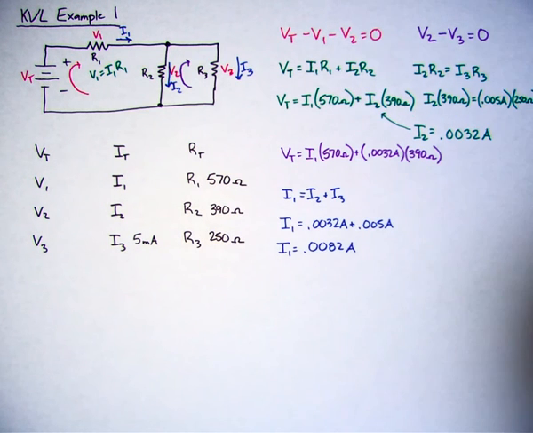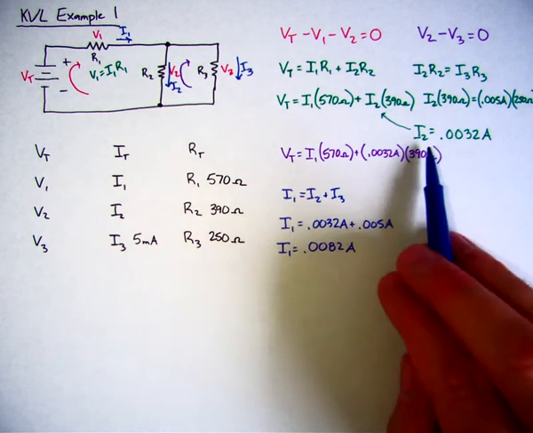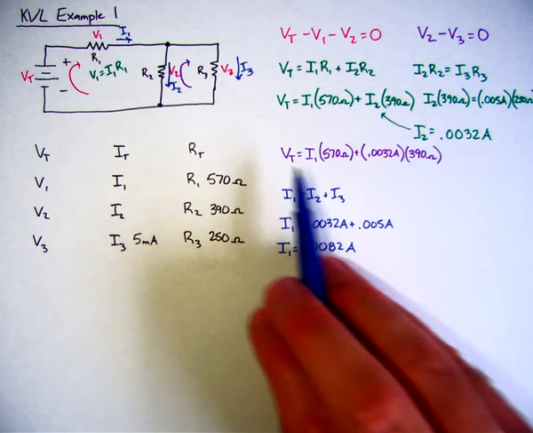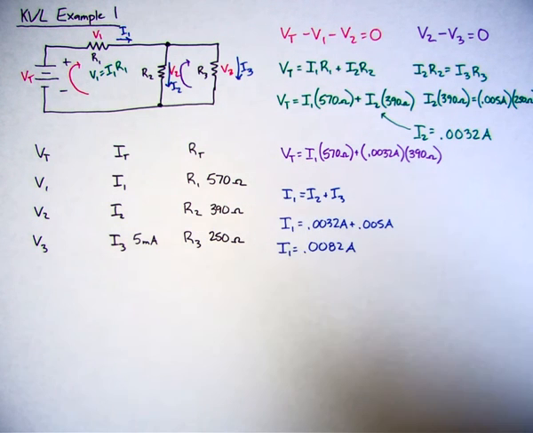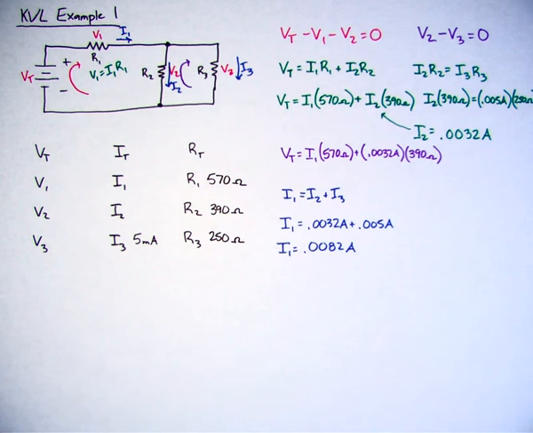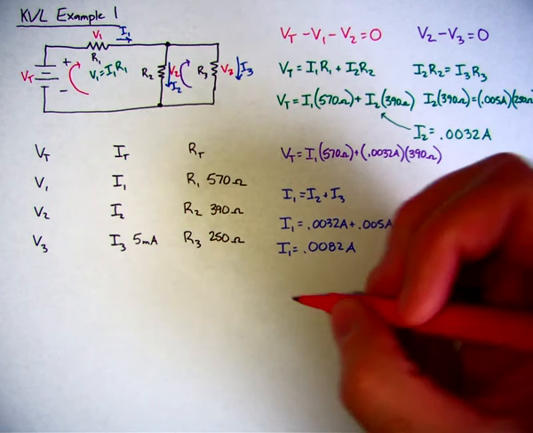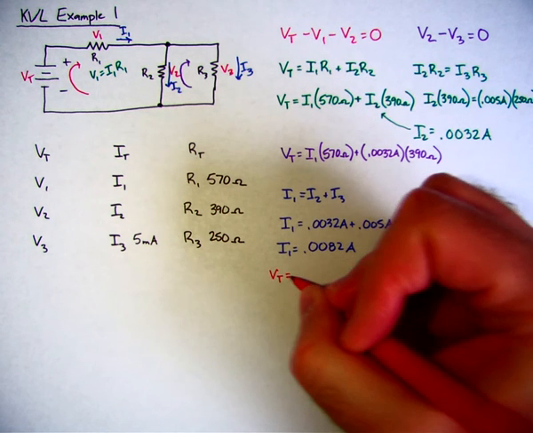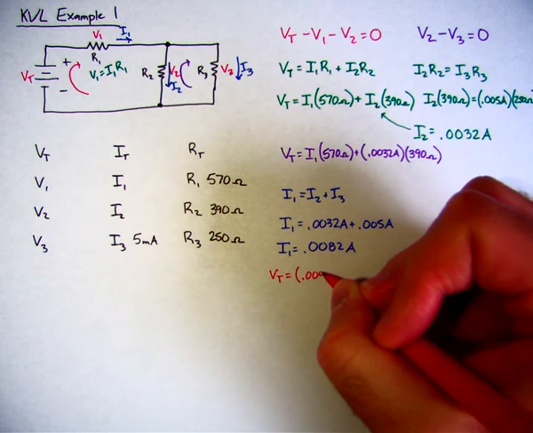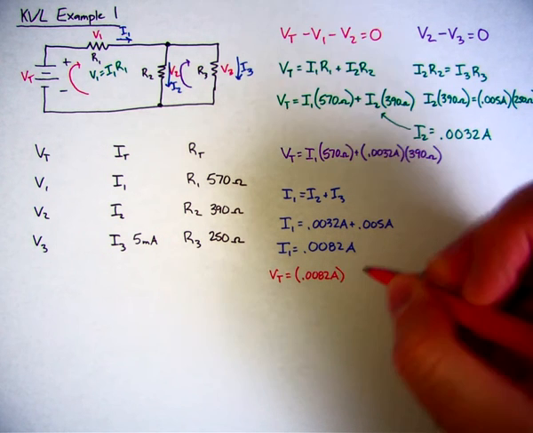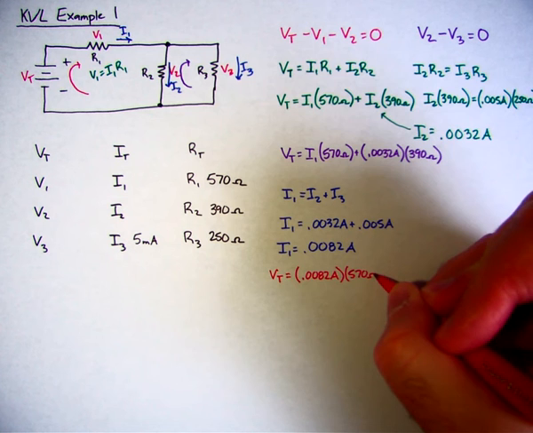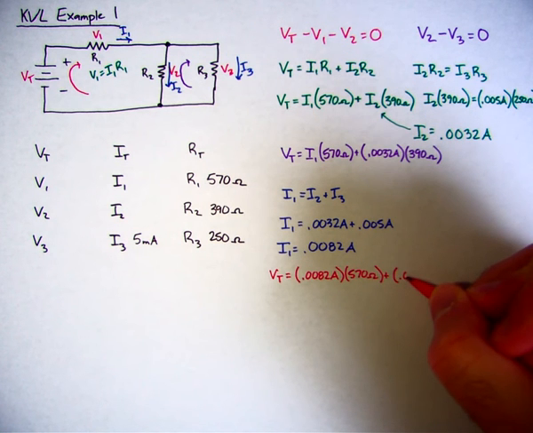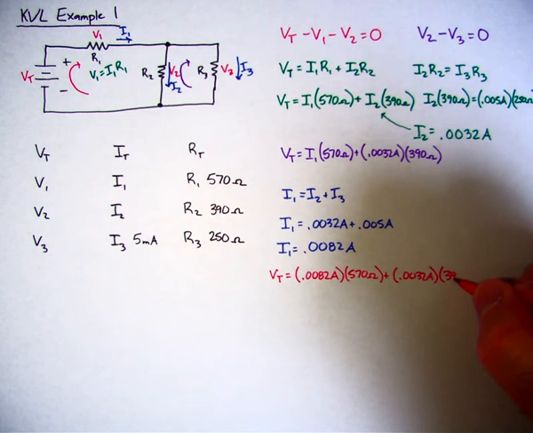Now I can substitute that right back into the top equation I have, the equation I have in purple, and I can figure out my total voltage. So I can use that to figure out the power supply that I have in this circuit. So total voltage is equal to 0.0082 amps times 570 ohms plus 0.0032 amps times 390 ohms.